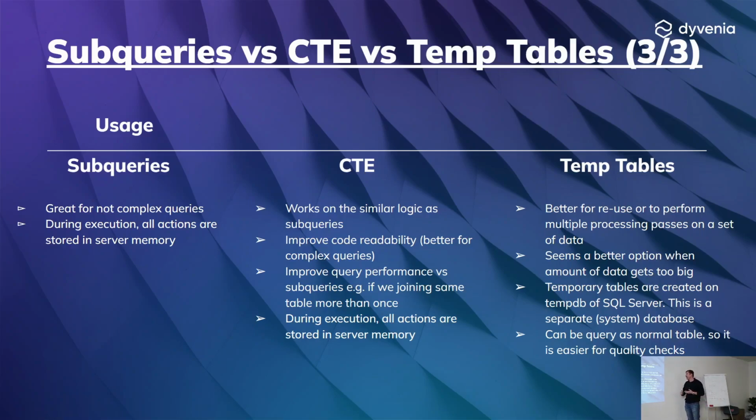In terms of temp tables, for multiple processing passes on a set of data, I think they are better. They are better when the amount of data gets too big and out of hand. You would like to partition your query, not doing everything in one shot, and it's also better to validate them.